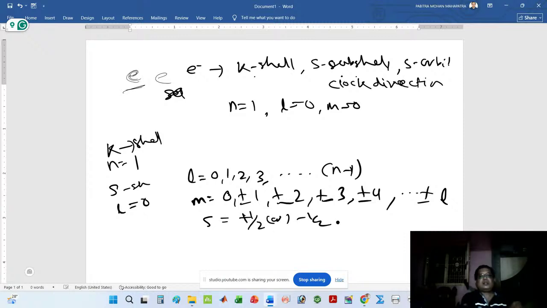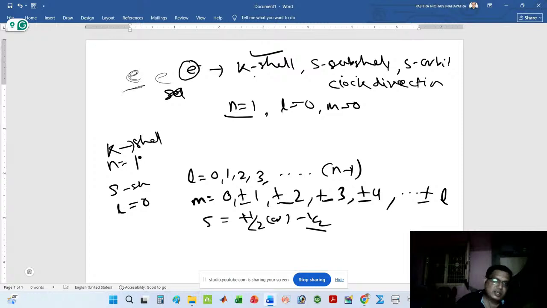These are the three important points. Remember l is equal to 0, 1, 2, 3 up to n minus 1. m is equal to 0, plus or minus 1, plus or minus 2, plus or minus 3, plus or minus 4 up to plus or minus l. Here we can think s is equal to maybe plus half, maybe minus half. Let me explain. Here the electron is present in the K shell. Remember, for the K shell, we know that n is equal to 1.